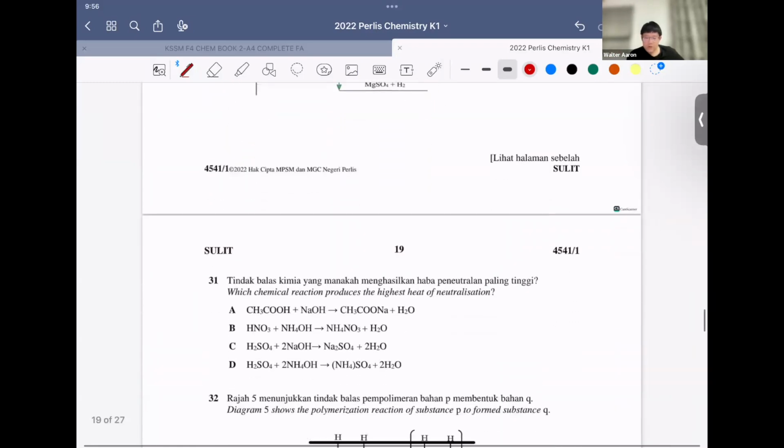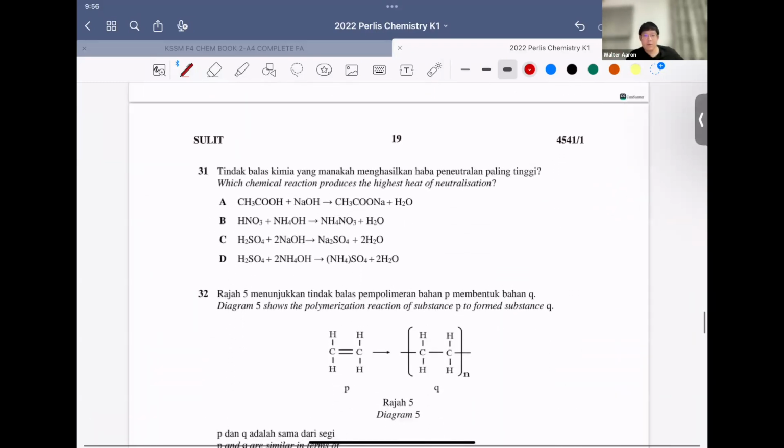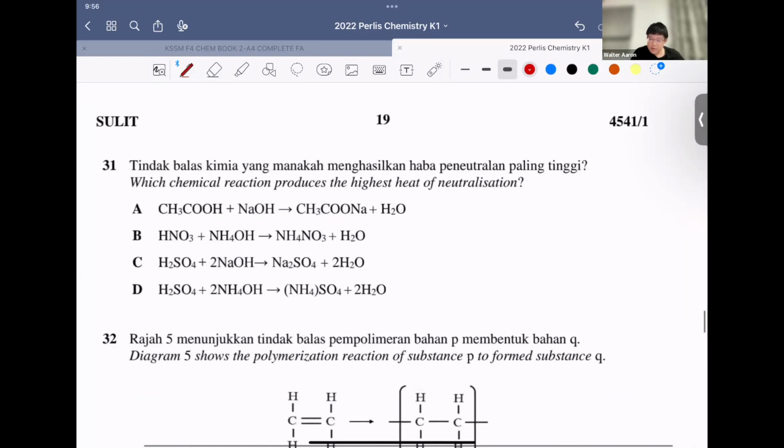31. Which chemical reaction produces the highest heat of neutralization? The highest heat of neutralization usually arises from using a strong acid plus a strong alkali. Why? Because strong acid and strong alkali will have the highest amount of H plus and OH minus to form water.